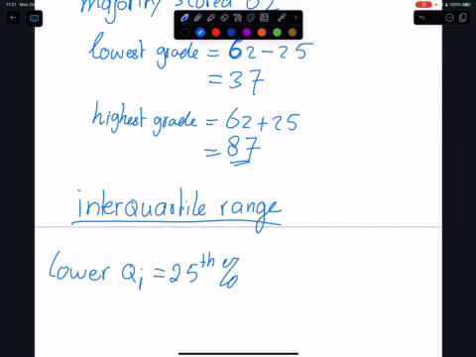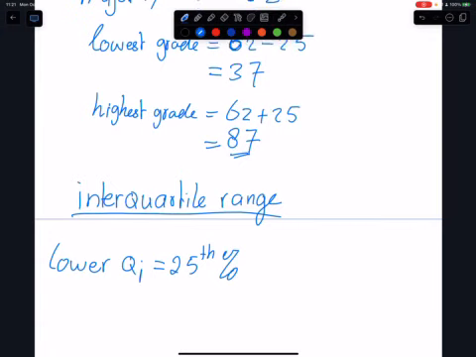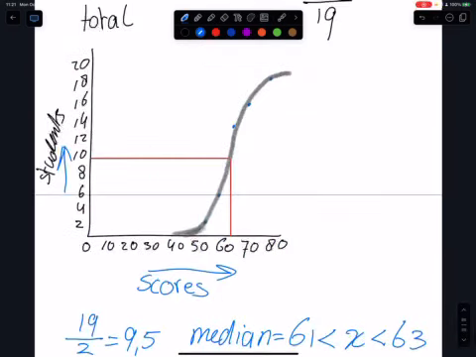You know there are 19 students in that class. 25% of that 19, so 19 divided by 4, you get 4.75. So you go to your graph and look at 4.75. It's almost 5.